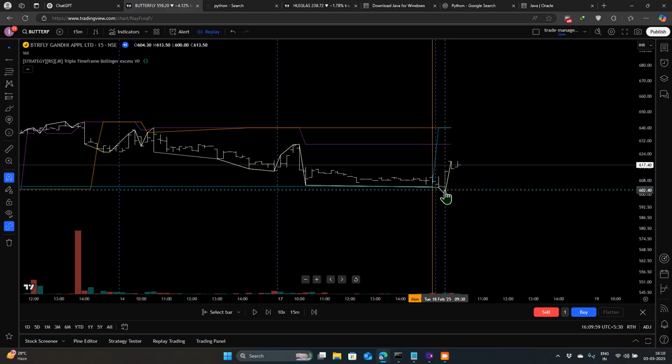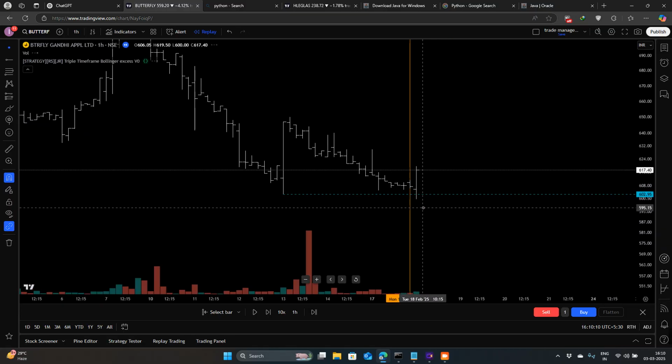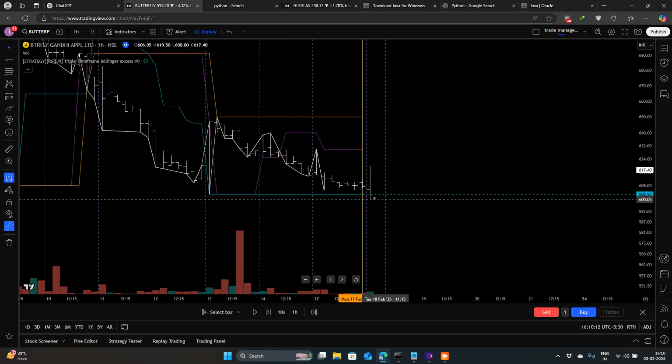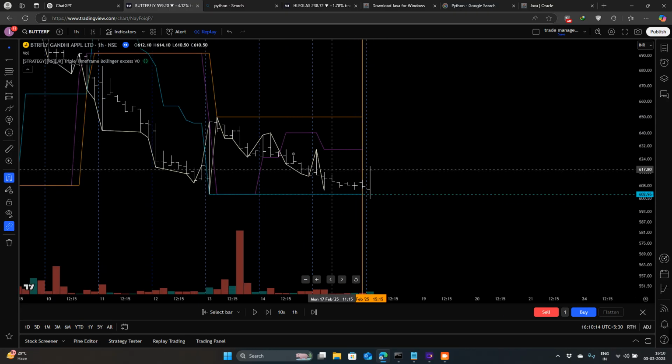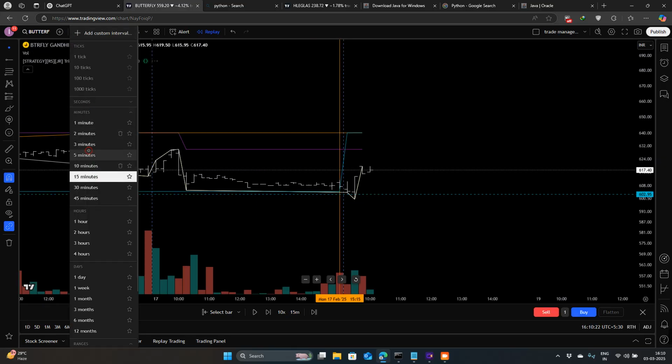Okay, after this our trade would have been valid, and as soon as it hit this point, the stop would have been shifted to here. The 1 hour stop would have been shifted again to somewhere around here, I believe. Let's see what happens. But it is valid now. On 15 minutes valid, and we will look for entry on 5 minutes.